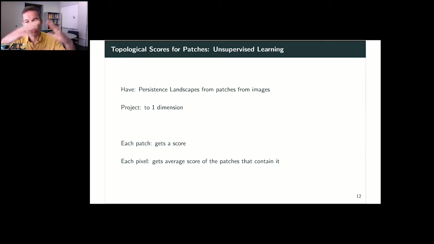So we have a large collection of points in some very high dimensional space. And we did something very simple, which is just project down to 1 dimension. And what this does is it gives us a real number associated to each patch. Call that real number a score. And then each pixel is covered by some number of patches. We get the average score of those patches.